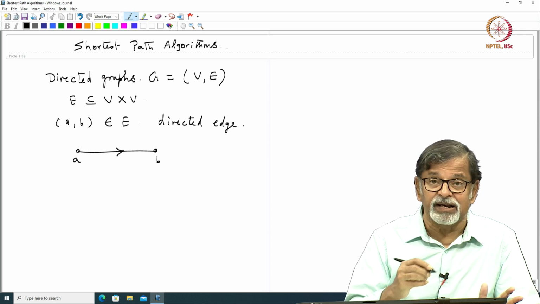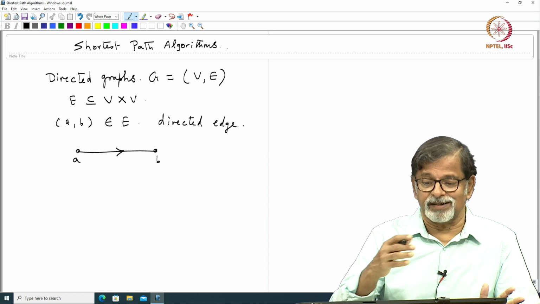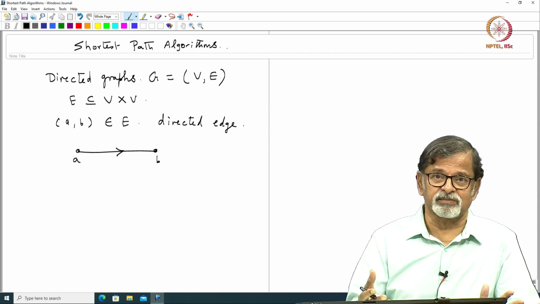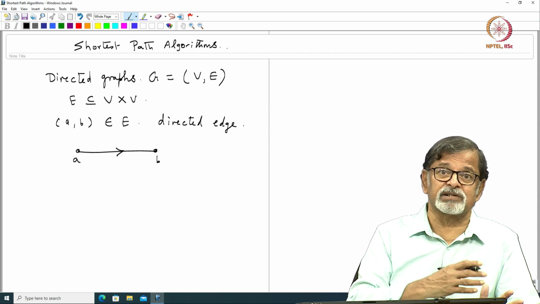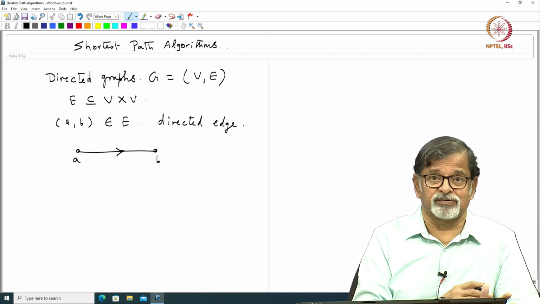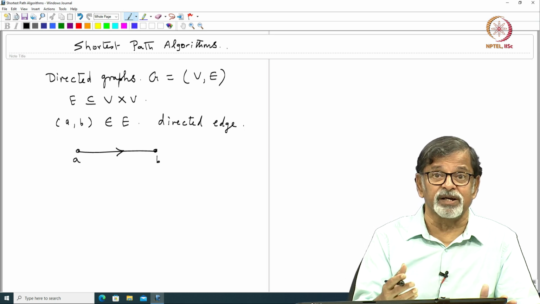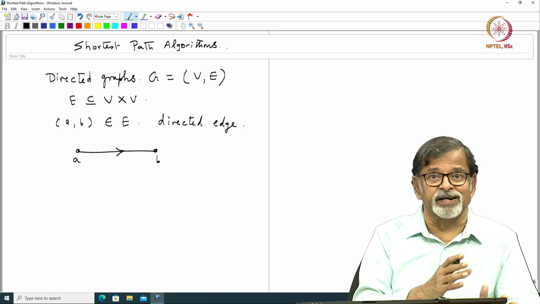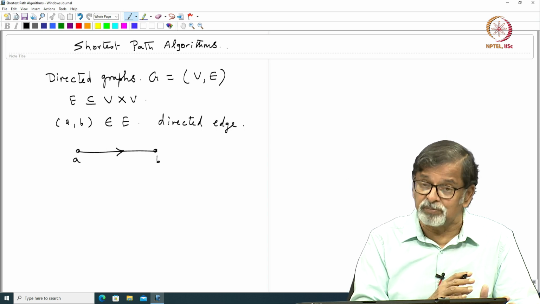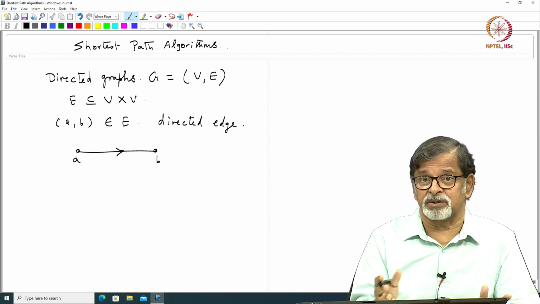Therefore, the edge leaves A and arrives at B, or you can say it is going out from A, an outgoing edge for A, and it is coming in to B, an incoming edge to B.